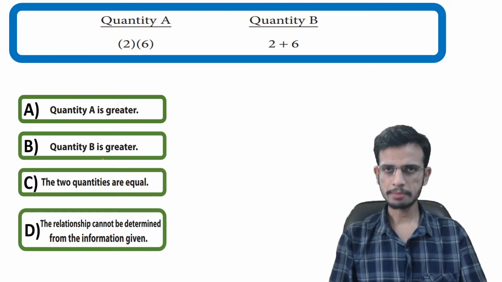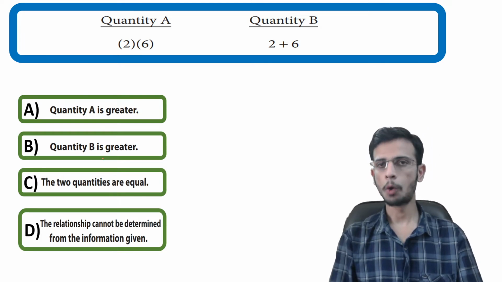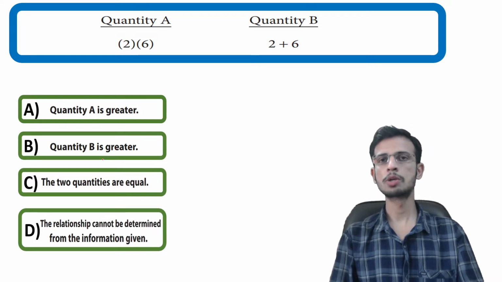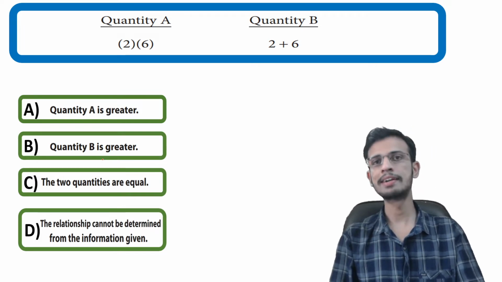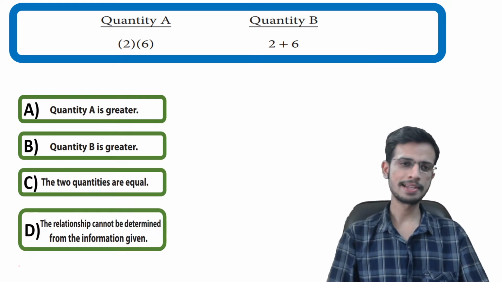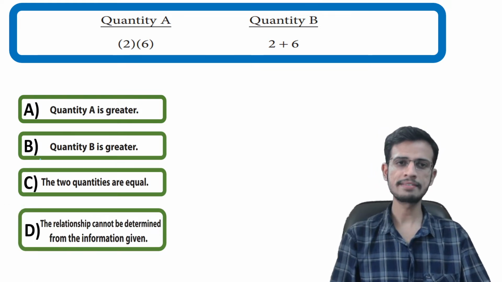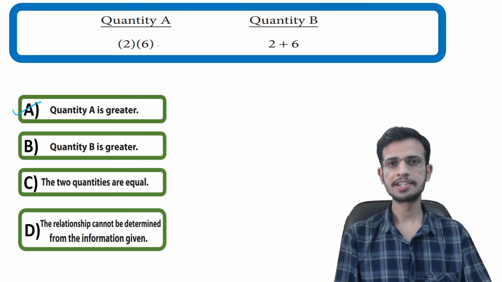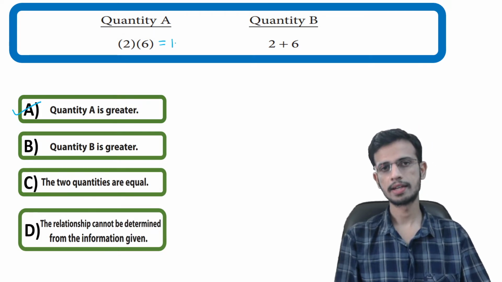Sometimes it will be option D, the relationship cannot be determined from the information given in the question. So there will be four options. For this question, option A will be correct.